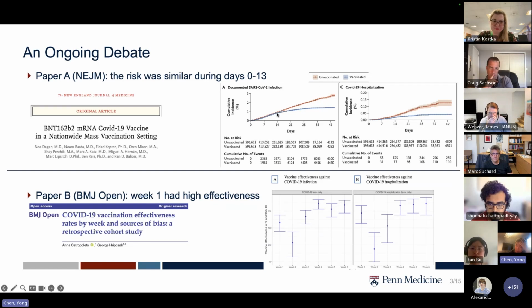There's no separation in this cumulative incidence. That suggests there's no effect in this first 14 days, and this seems to suggest infection within the first 14 days should be considered as an NCO. And on the other hand, Anna and George did an investigation later published at BMJ.